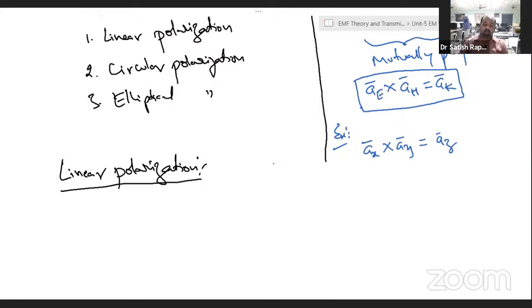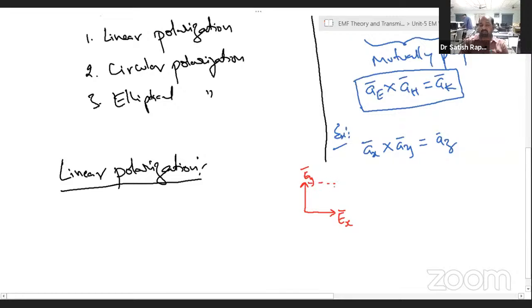That means a straight line. The orientation of electric field is a straight line. For example, in space, as I'm defining polarization with respect to electric field, let us say this is the X component of electric field, and this is the Y component of electric field.